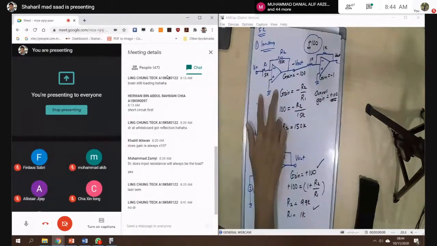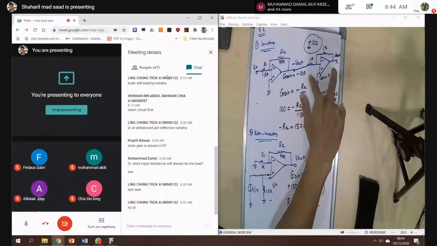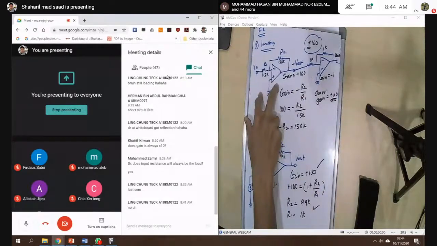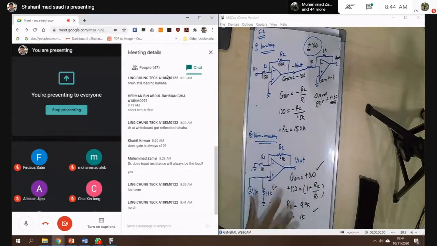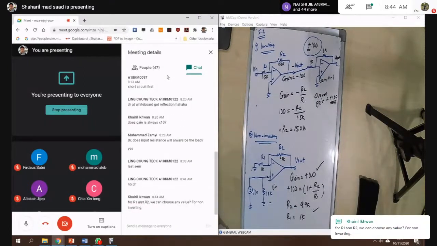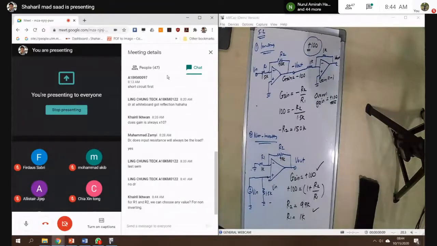The inverting one needs two 741 op-amps, and this one needs only one. The disadvantage of the non-inverting is that it can only be used to amplify. For R1 and R2, we can choose any value for non-inverting. Yes, you can choose any value.